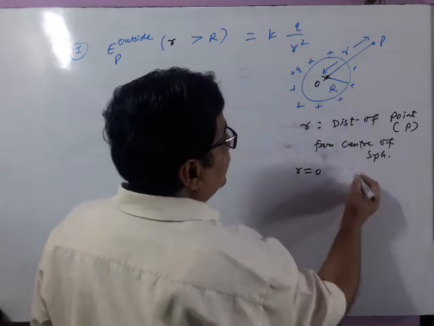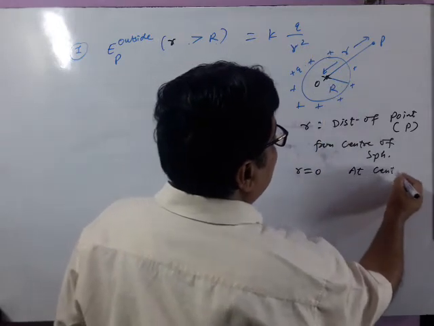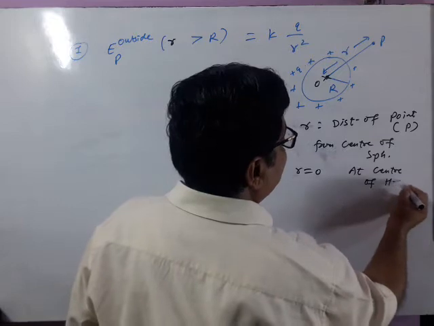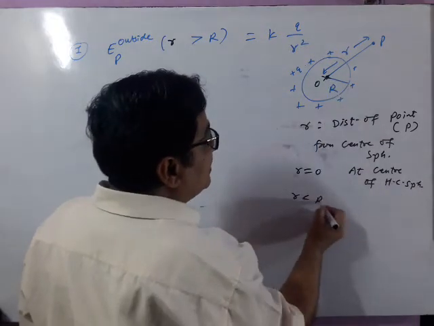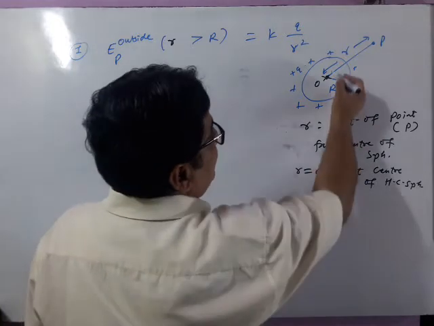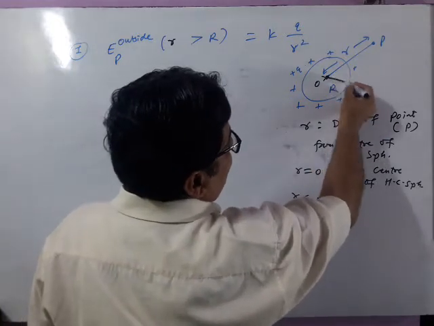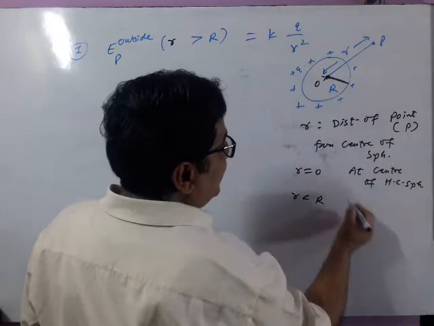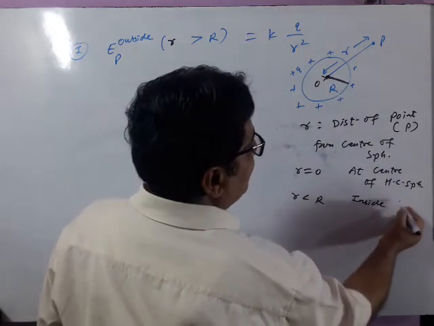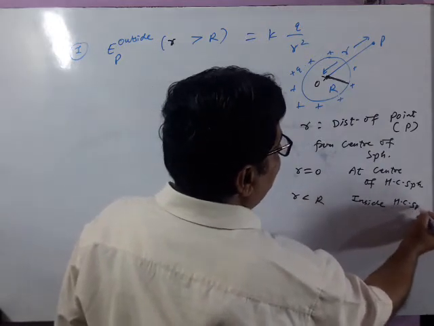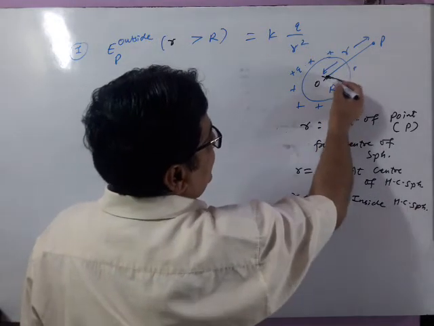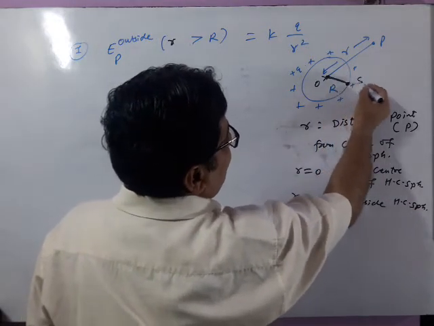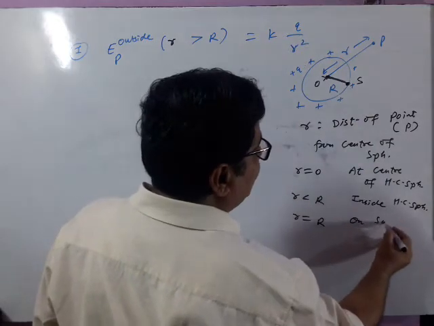When small r is 0, we are at the center of the sphere. When small r is less than capital R, any point less than capital R, we are inside the hollow conducting sphere. When small r equals capital R, we are on the surface of the sphere.